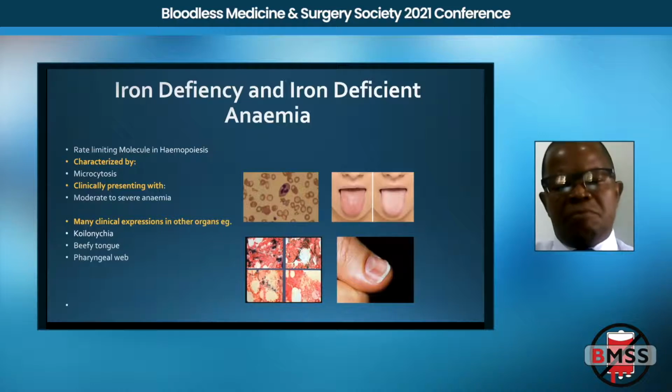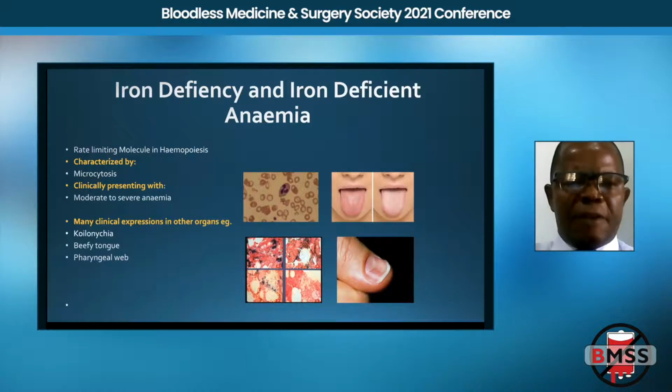So let's go to the first set of causative agents for anemia, the commonest of which is iron, leading to iron deficient states. Iron is a rate-limiting molecule in hemopoiesis, or in red cell to be very specific.